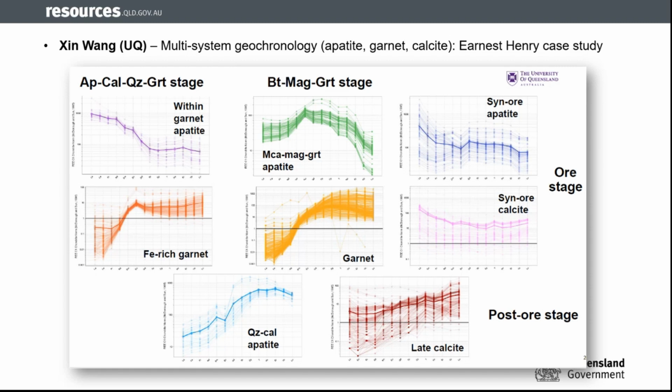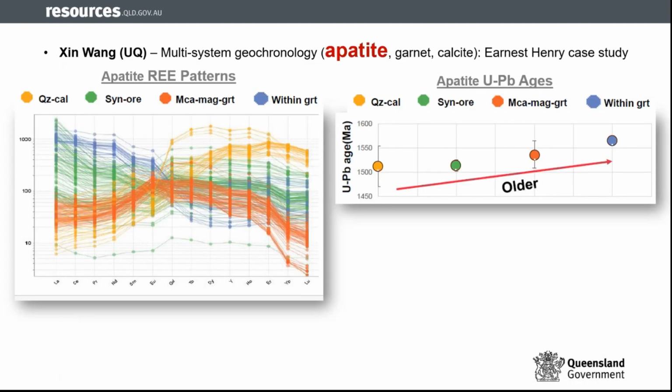You can see 2 distinct populations in the garnet, and also calcite associated with ore and late calcite. So it's a very nice outcome. And when Xin started to produce her uranium-lead ages on apatites, it's an amazing correlation where you can see the older ages are found for apatites within the garnets, and the youngest, which are logically associated with these carbonates and quartz in the later stages.